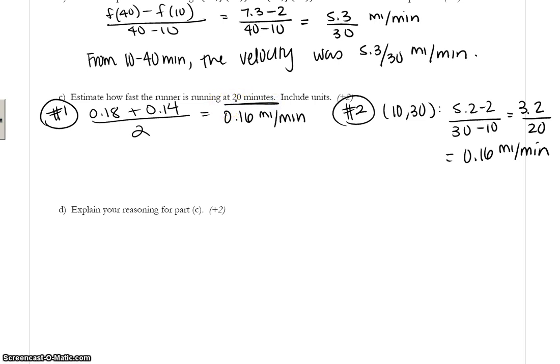So it says explain your reasoning for part C. This is really important. We're always explaining why we're doing the things we're doing, and we're trying to be really precise and clear with our language.